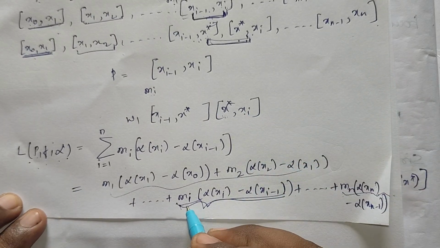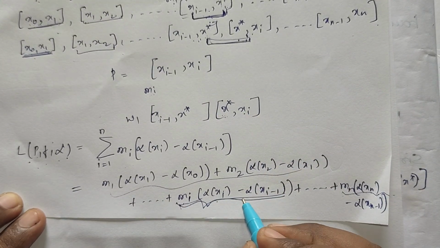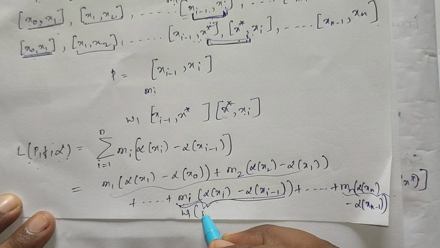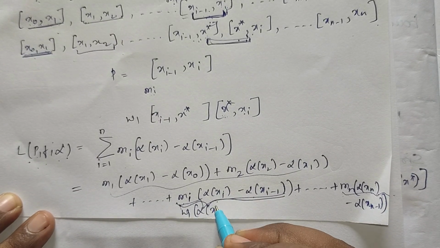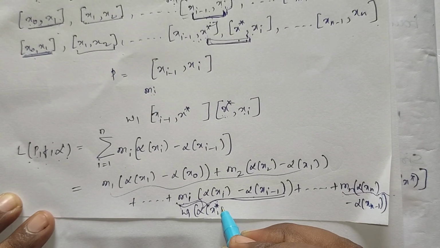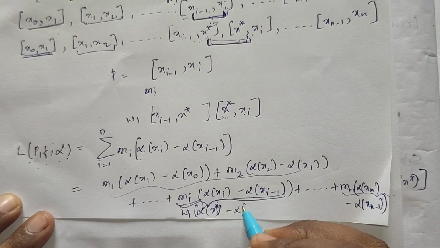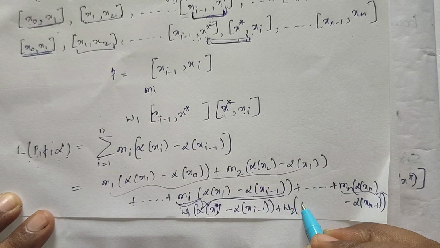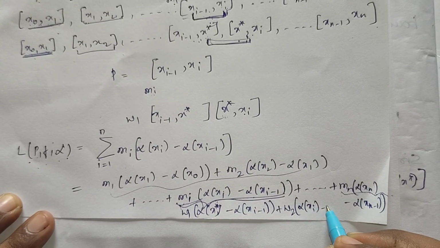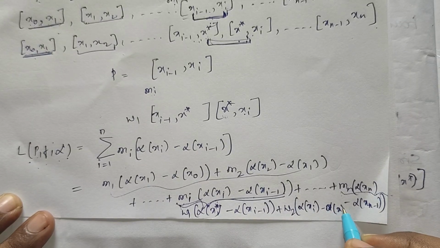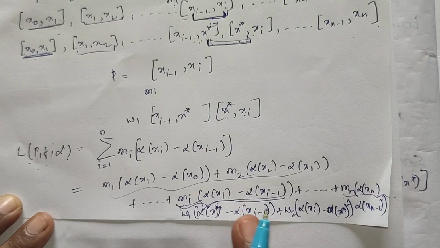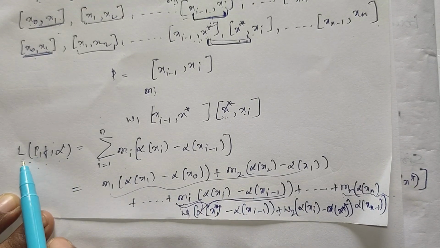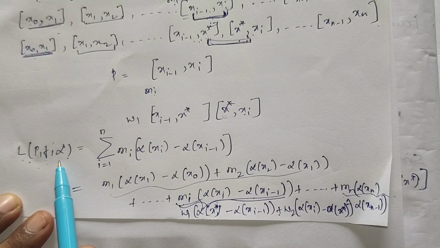So here instead of mi into alpha xi minus alpha xi minus 1, I'll be getting W1 into alpha x star minus alpha xi minus 1 plus W2 into alpha xi minus alpha x star. Okay, so this is what you will get for L of p star comma f comma alpha in addition to the remaining terms.